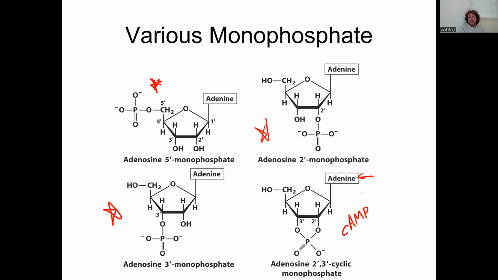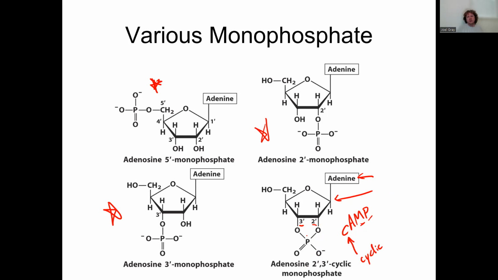Adenine is our base. Our sugar is going to be ribose. We have a monophosphate. This C right here stands for cyclic. In this case, what we have is a phosphate group that is bound to both the 2' carbon and the 3' carbon.